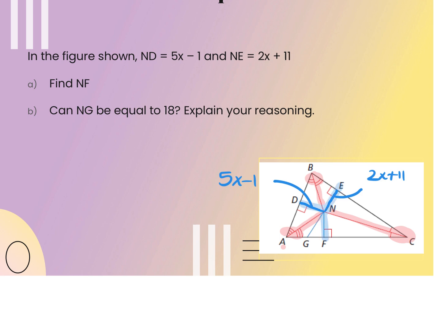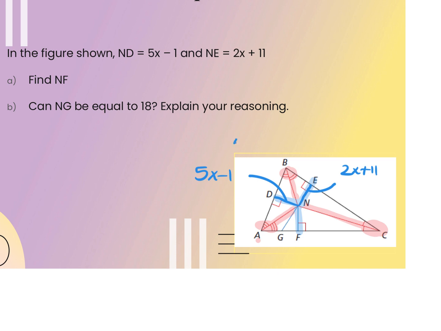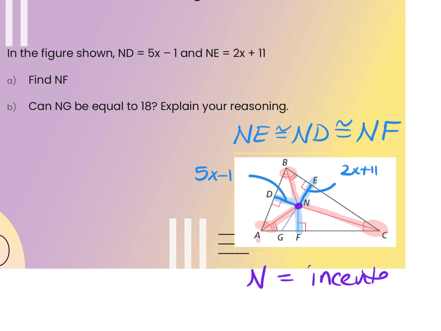So in this picture, I can see that NE is going to be congruent to ND, which is going to be congruent to NF. My point of concurrency, my incenter, is point N. That is where all my angle bisectors are meeting.